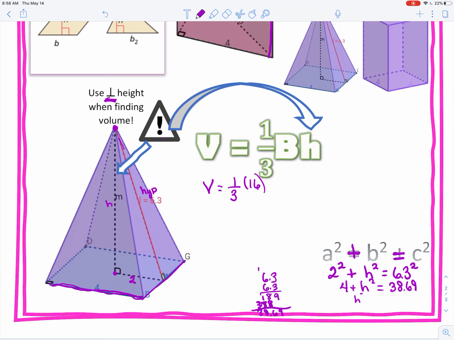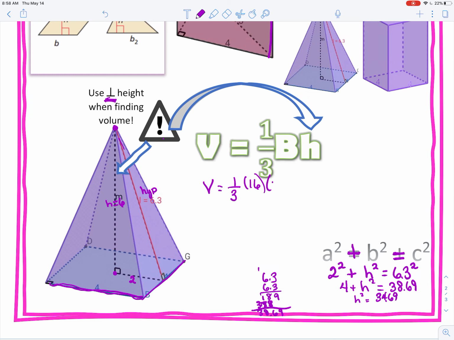And so when we subtract, we'll have h squared is 34.69. And taking the square root, we did something wrong because it should come out to be 6. It should be 36 when it's all said and done. So I've made some calculation error there, and I apologize for that. So the height of our pyramid is actually 6.